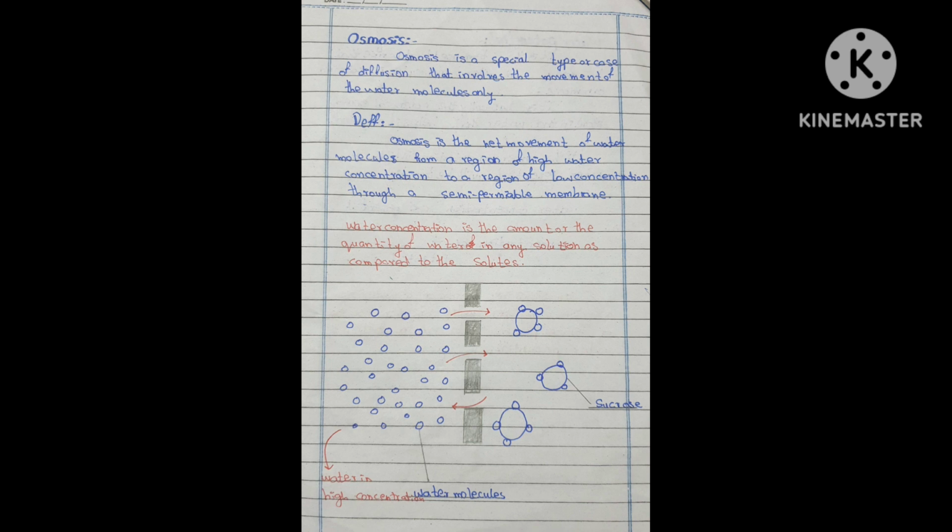Alright, so in this we studied osmosis, a special type or case of diffusion that restricts itself to the movement of water only. We also talked about the definition of osmosis: the movement of water molecules from a region of high water concentration to a region of low water concentration through a semi-permeable or partially permeable membrane.